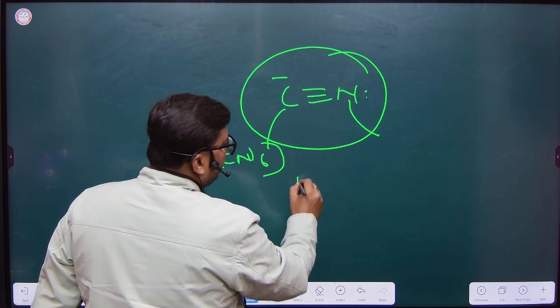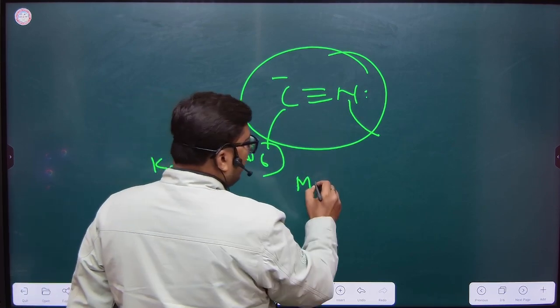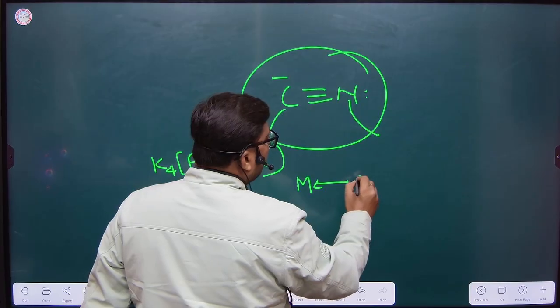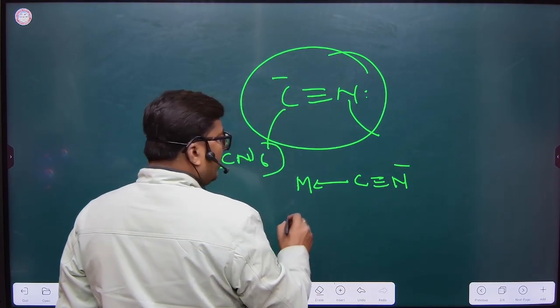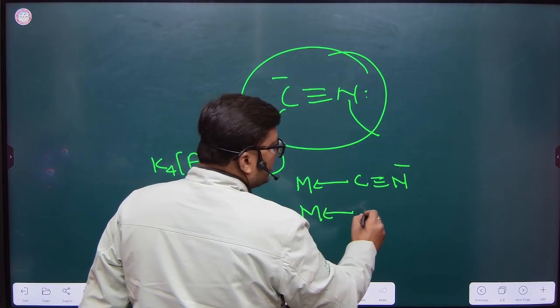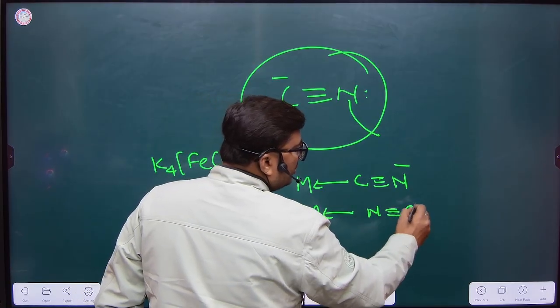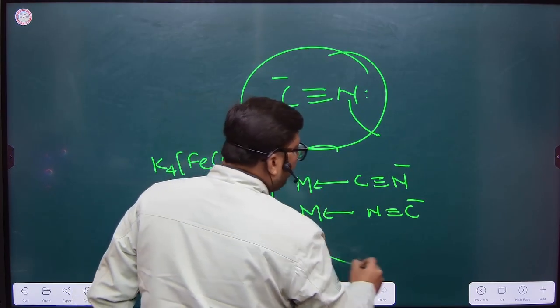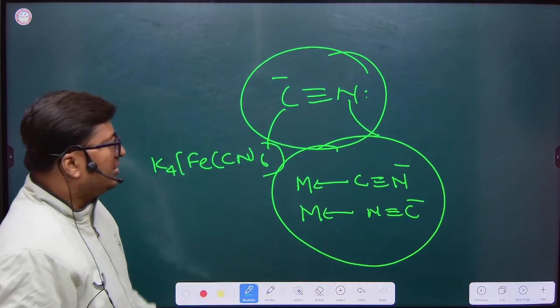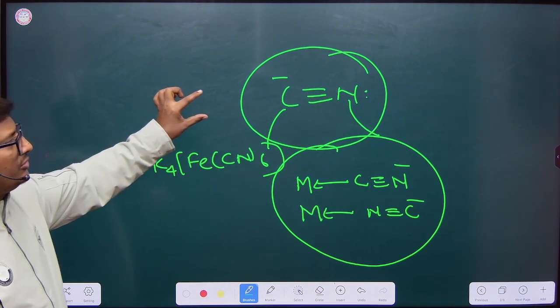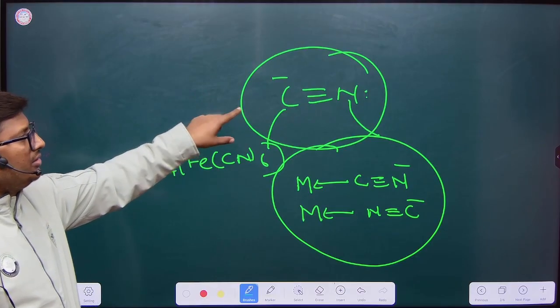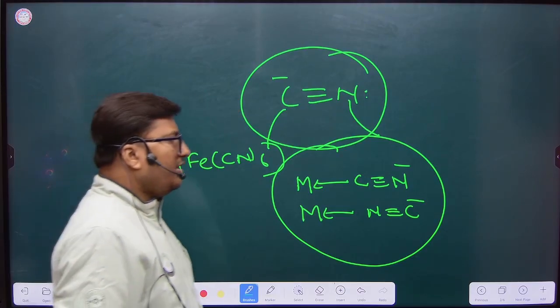So the beauty of this ligand is it may form complexes like that, or it can form complexes with NC minus. So two different types of complex can be obtained through this particular ligand. So this is cyanide ion and it is called an ambidentate ligand.